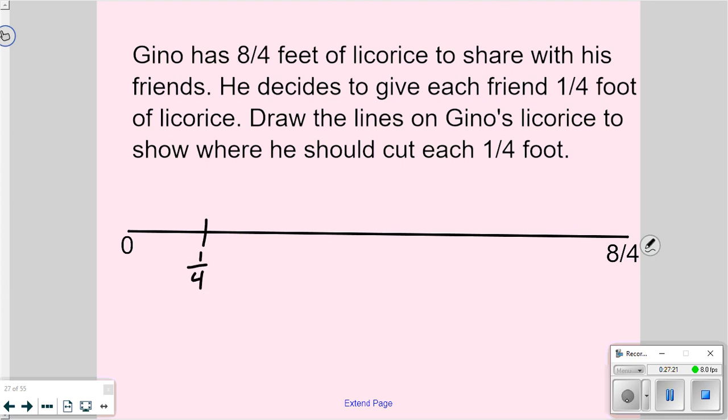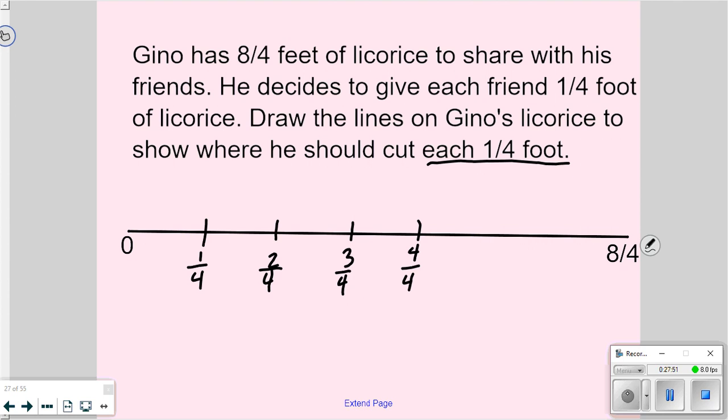You get 1/4. Friend 2, 2/4. Friend 3, 3/4. Friend 4, 4/4. So far, I've only given 4 friends licorice.